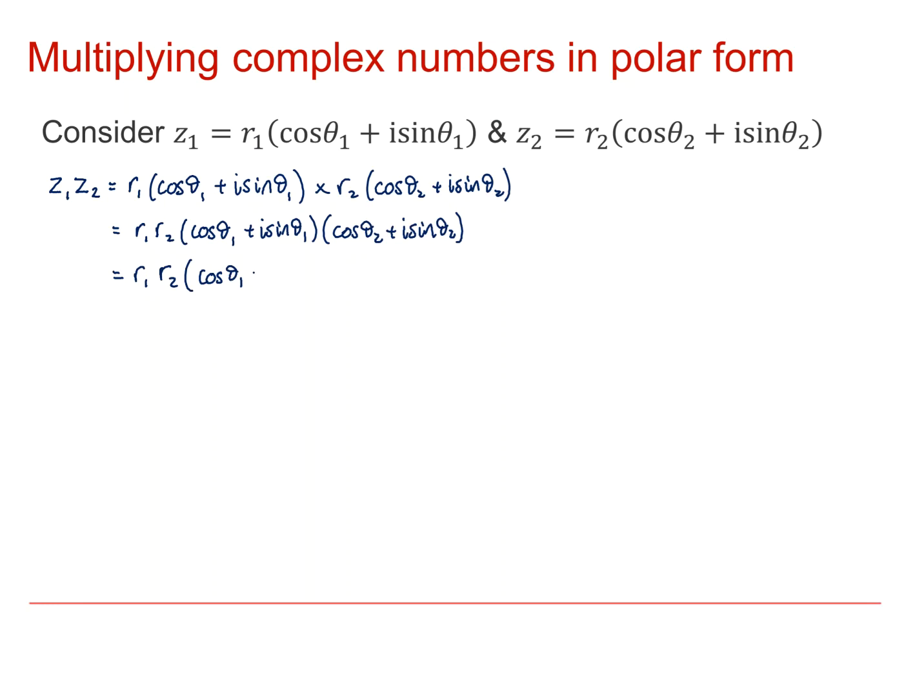Cos theta 1 cos theta 2 plus i cos theta 1 sine theta 2 plus i sine theta 1 cos theta 2 plus i squared sine theta 1 sine theta 2.